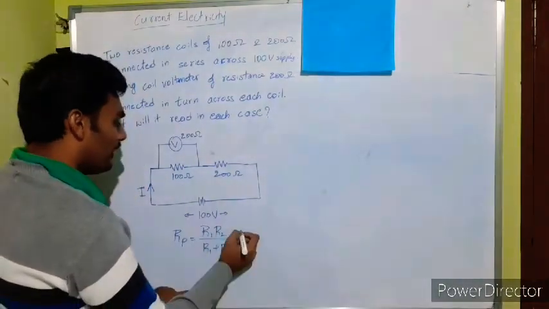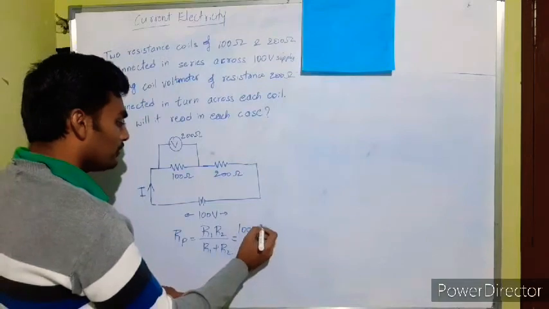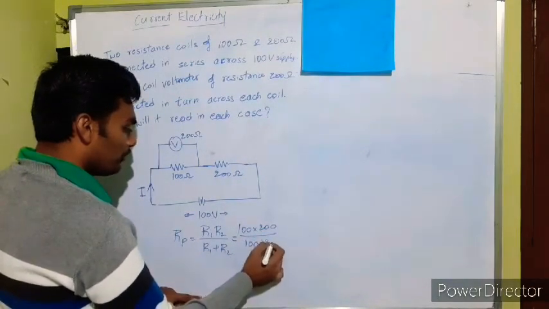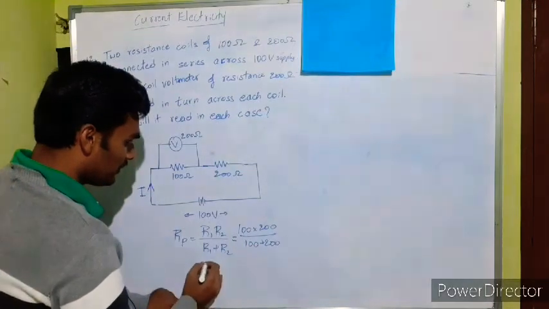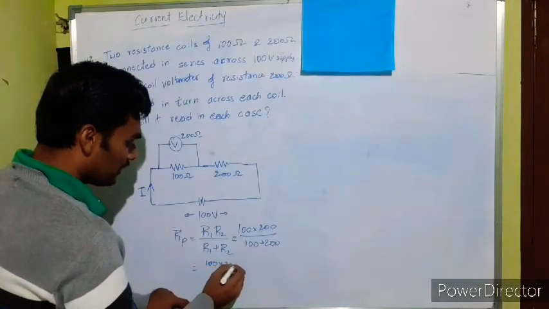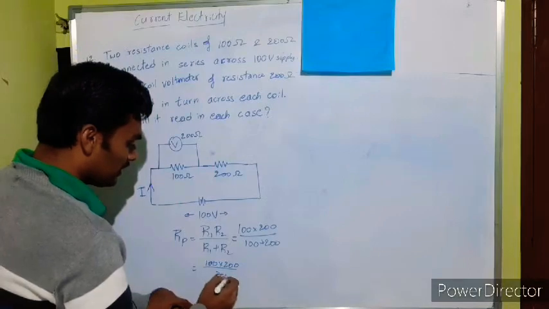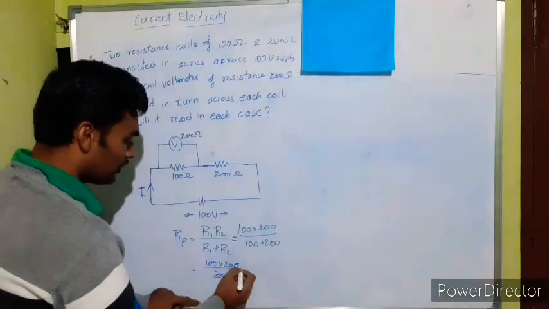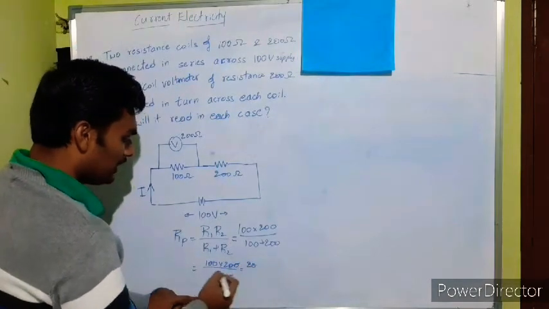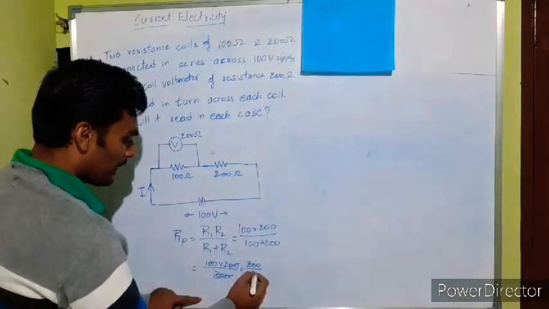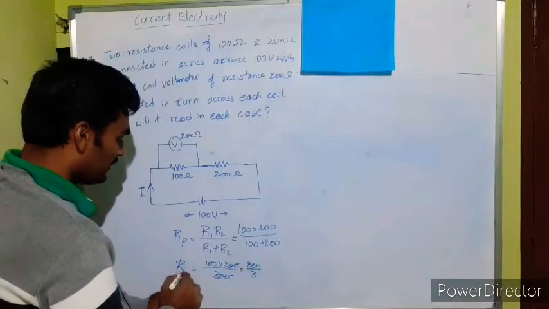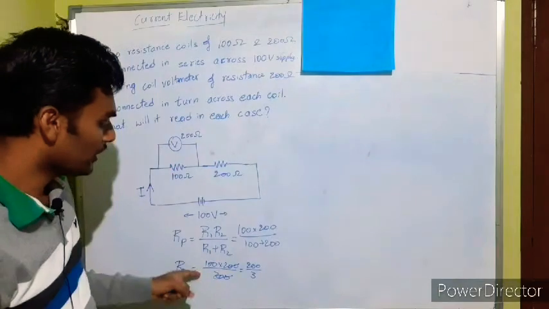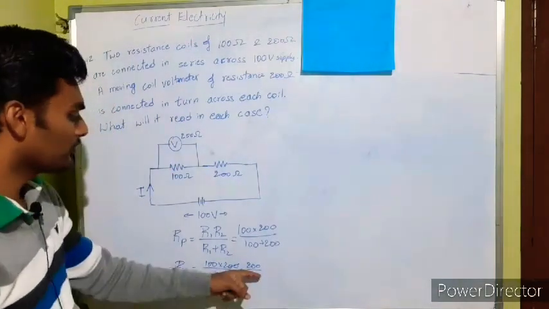It will be equal to 100 into 200 divided by 100 plus 200, which is 100 into 200 by 300. Zeros cancel, so it's 200 by 3. Okay, so this is the effective resistance of the combination, 200 by 3.